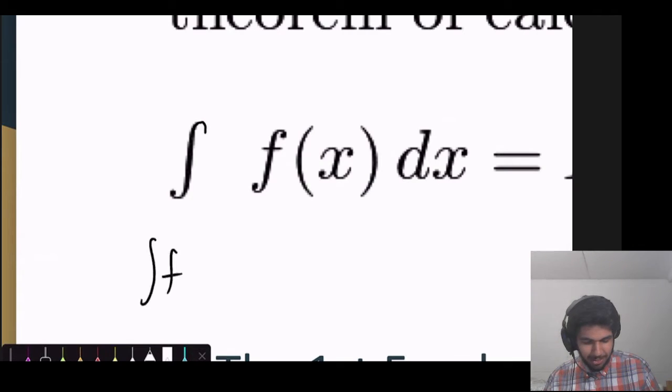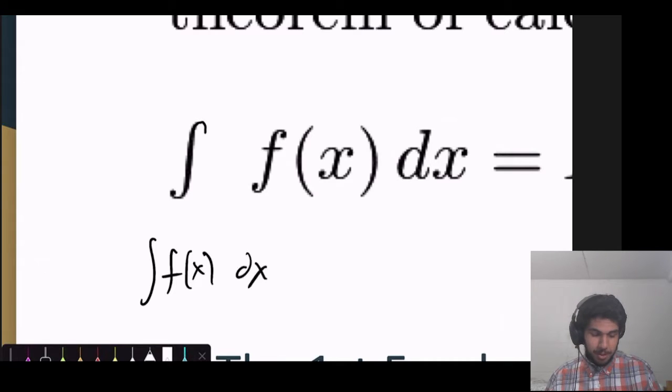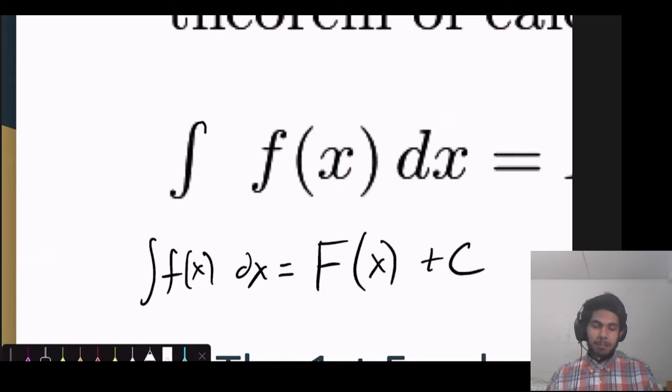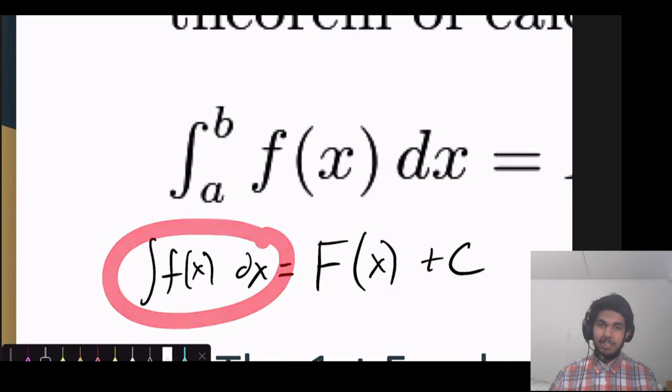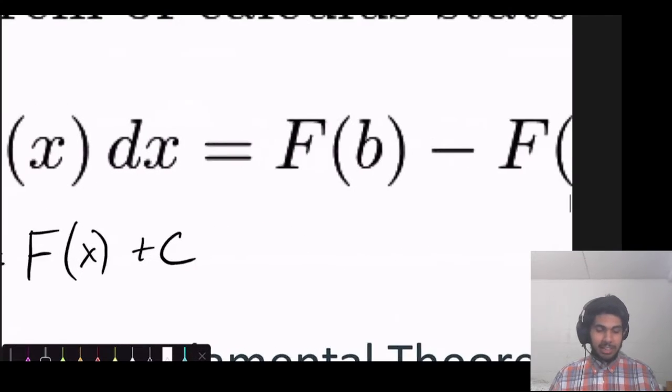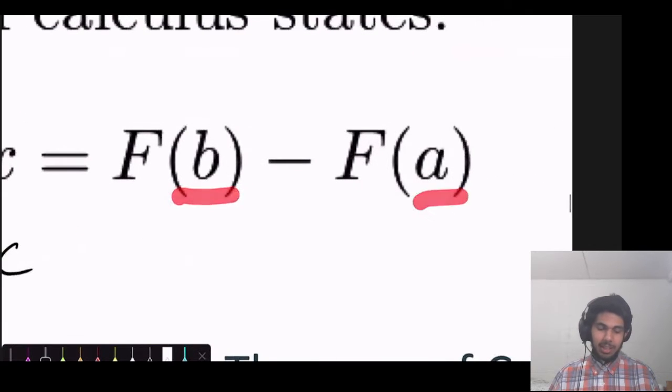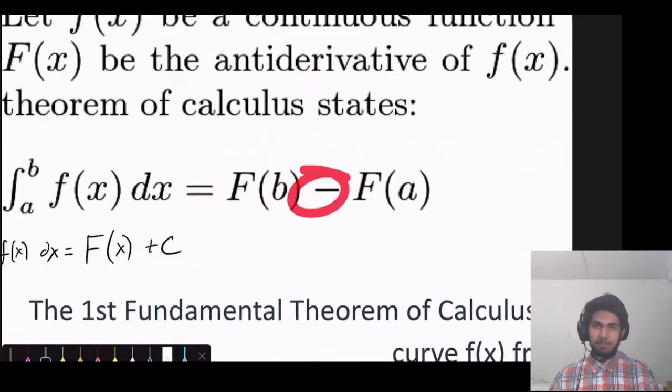We know that the integral of f of x dx gives us its antiderivative, which we're calling capital F of x. And then we would throw in a plus c here. But now we're saying, with these bounds thrown in, we can still calculate its antiderivative as we did with indefinite integrals, and then evaluate this function at our bounds, b and a, and take their difference.